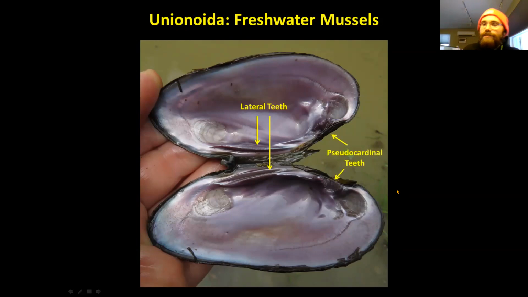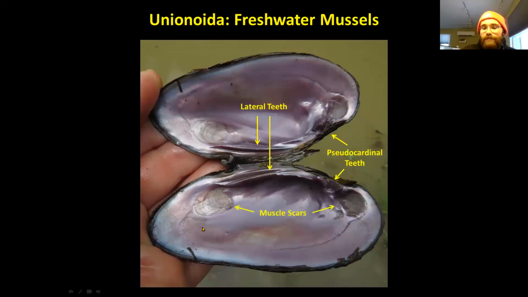So that is going to help keep that mussel nice and tight shut, and prevent it from getting smashed open. Whether that be protecting the mussel from a predator such as a muskrat, or just from stones and rocks that are moving around within the stream, this helps keep the mussel shell shut.